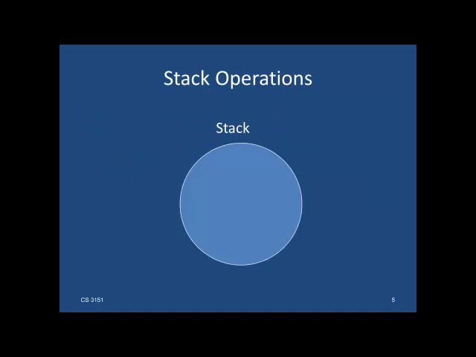We trace a sample sequence of stack operations. The circle represents an empty stack. First, we push A onto the stack. Then we push another element B onto the stack. Now we push C onto the stack. Now we pop the most recently added element, which is C. Next we push D onto the stack.